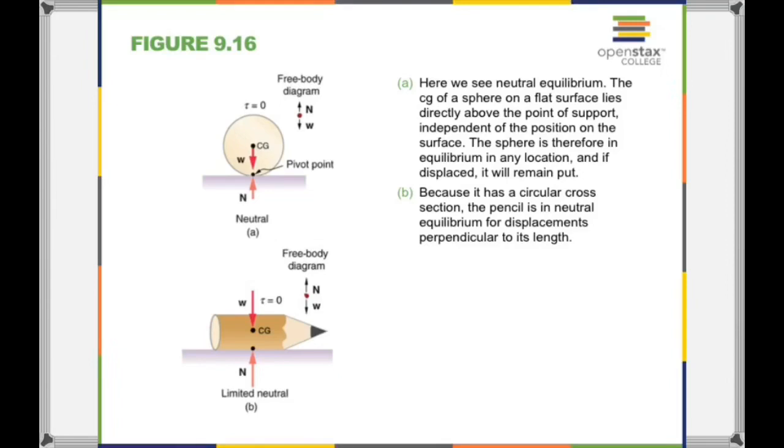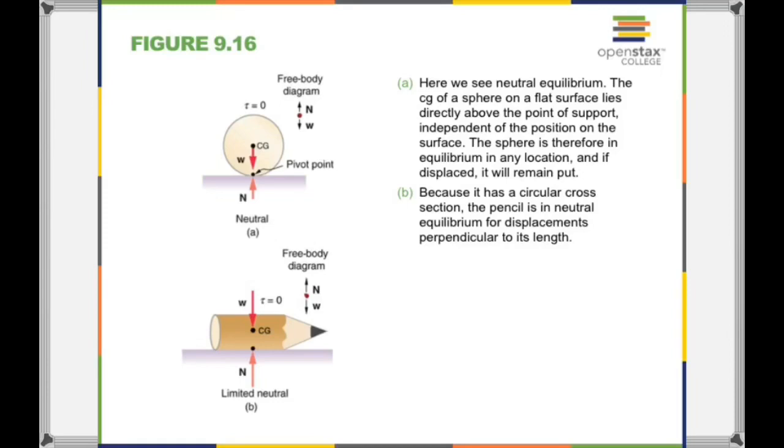Now, if the pencil were kept on its side, this is now in neutral equilibrium, because if you displace the pencil perpendicular to its length, it's going to just roll and will again be in equilibrium. So this is a case of neutral equilibrium where every position is an equilibrium position.